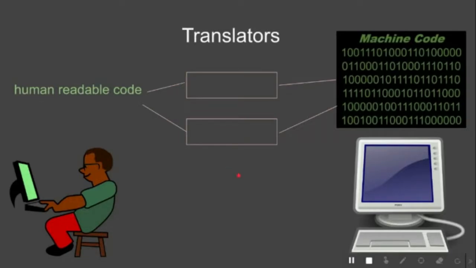Some programming languages work with compilers, while others work with interpreters. JavaScript uses an interpreter to translate human-readable code to machine language, because that's the only language computers understand. And some programming languages can use both.